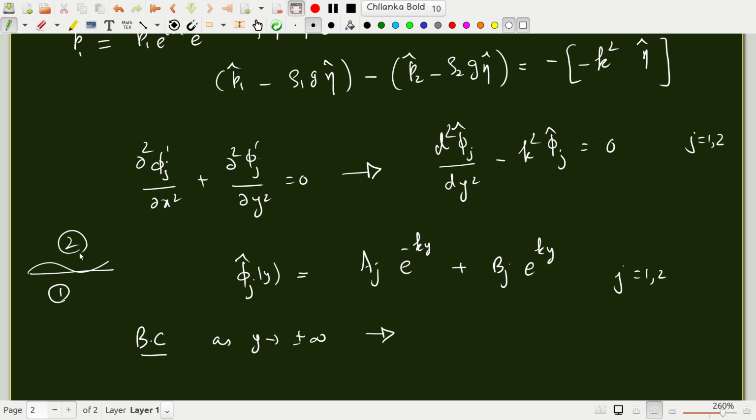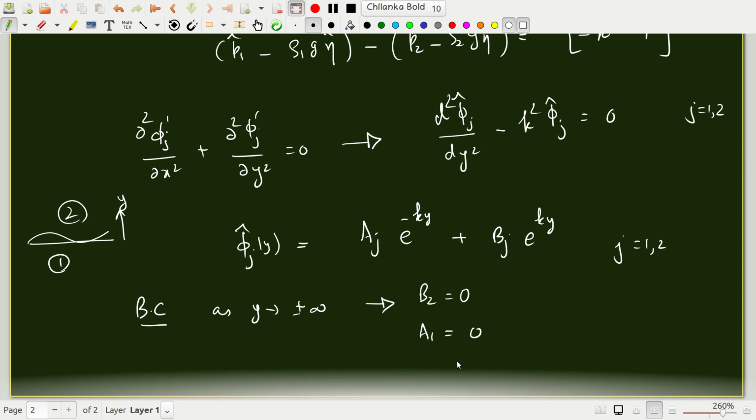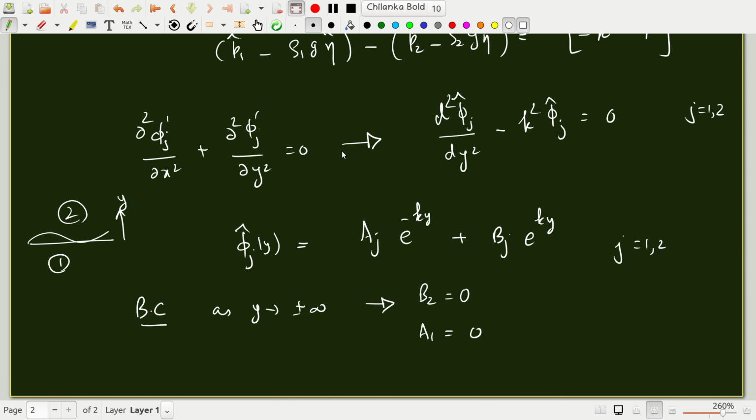This is 1, this is 2, and this is y. As y goes to plus infinity, this term decays, but this term blows up, so B2 is 0. And as y goes to minus infinity, this term decays, this term blows up, so A1 is 0. And that's how these boundary conditions are fixed.